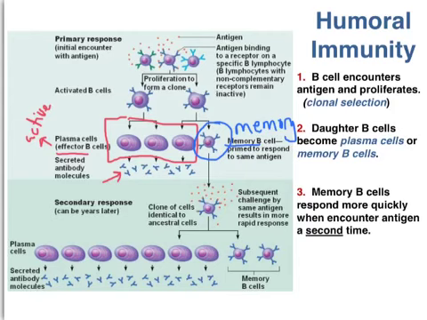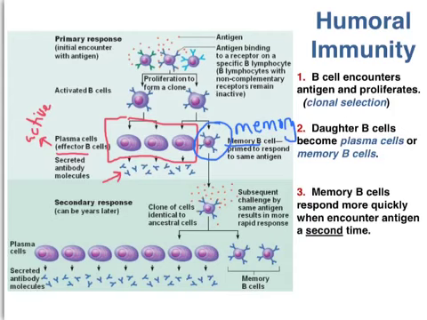And these memory B cells, although they aren't actively producing antibody, they're very long-lived. See, plasma cells are short-lived. They die pretty quickly after the infection is cleared. But memory B cells, they stick around, and they can stick around for years, decades even.